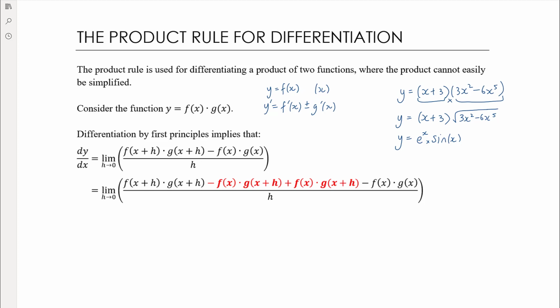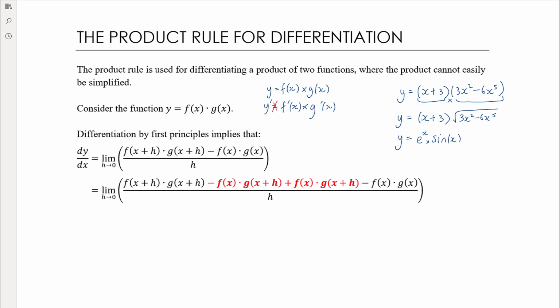So if it is f of x times g of x, the derivative of that is not the derivative of f of x times the derivative of g of x. And same if we were dividing two functions, f of x divided by g of x is not the derivative of f divided by the derivative of g.